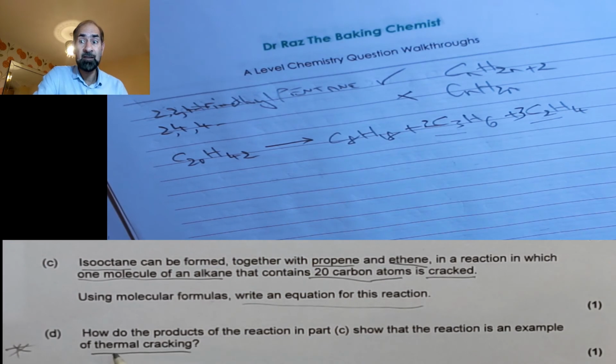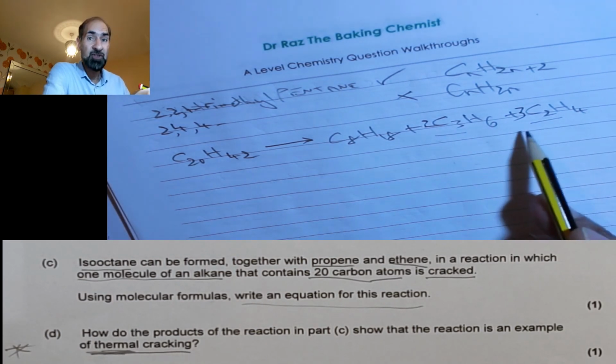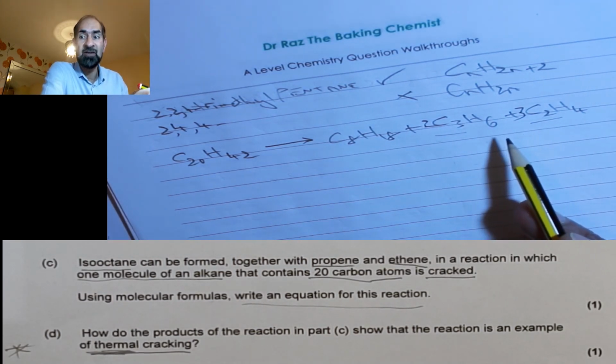Now, thermal cracking, the hint is in the name, is to do with heat. Right? And from your memory work, where you sat down and memorized these aspects, you should know that thermal cracking gives you lots of alkenes, as opposed to catalytic cracking, which gives you lots of branch chains, or aromatic hydrocarbons. But this is thermal cracking, and the fact that you're getting lots of alkenes shows you that this is thermal cracking, even if they hadn't told you.